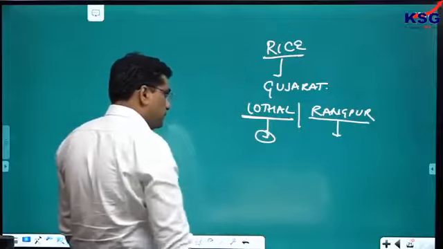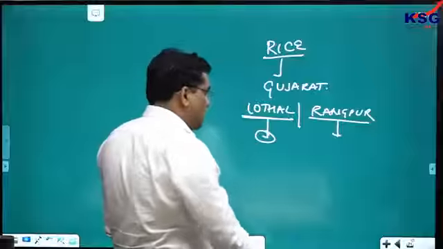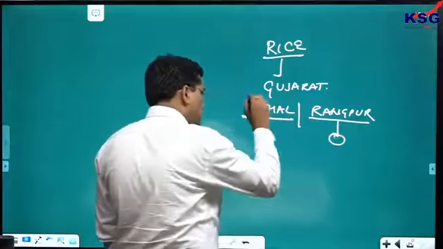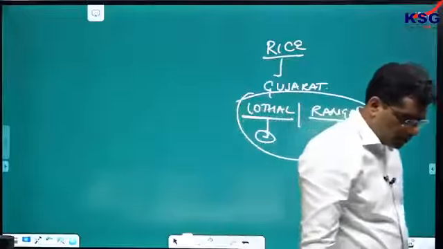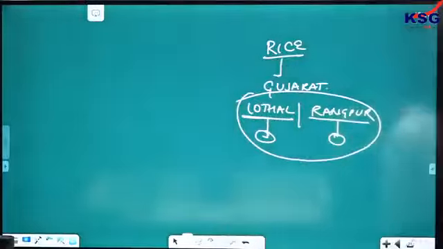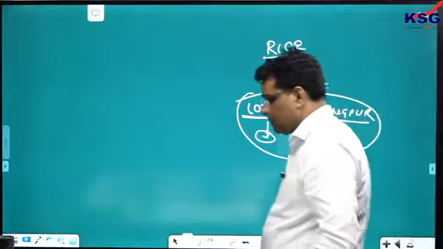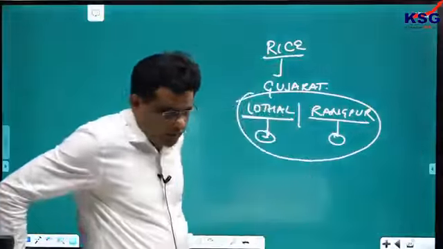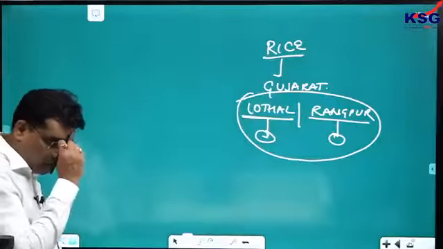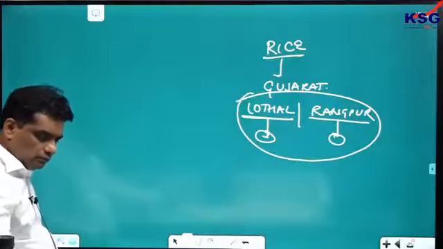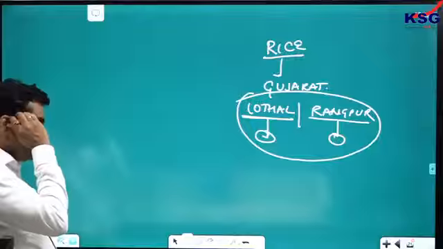So we have evidence of wheat and rice from Lothal and Rangpur.